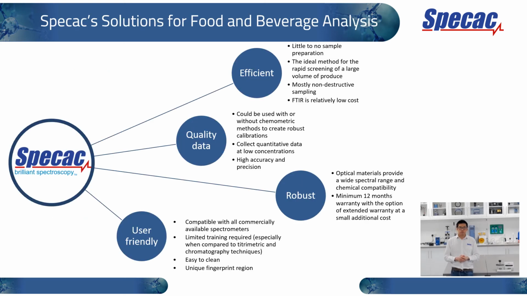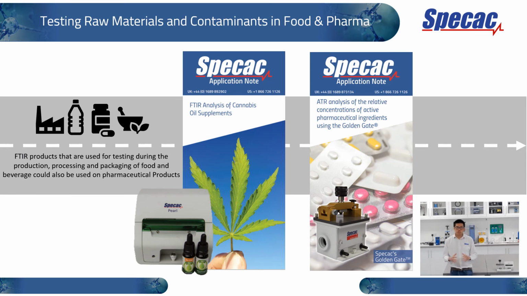So now, in terms of SpecX solutions for food and beverage analysis, we believe we have a range of products that provide you with the efficiency, data quality, robustness, and user-friendliness to perform the analyses of food and beverage products. Our products are not just limited to foods and beverages. It can also be rolled out to the pharmaceutical industry, for example.